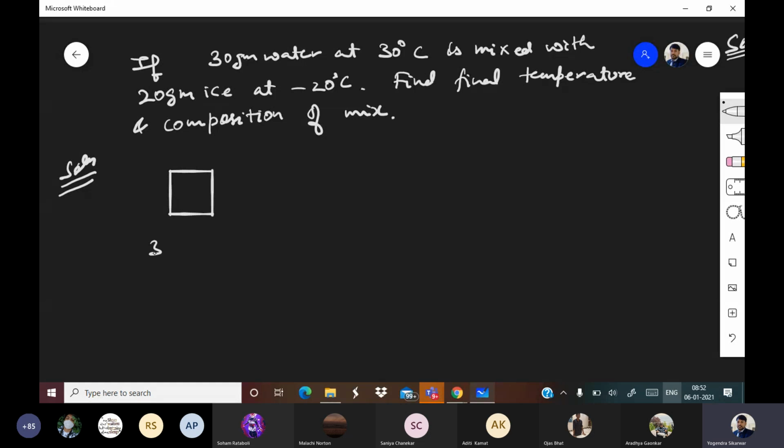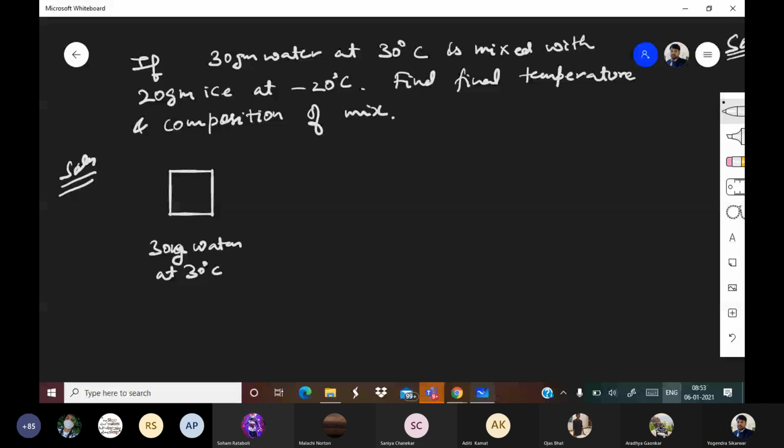We have 30 gram water at 30 degrees Celsius. Now, if you pay attention between this 30 gram water at 30 degrees Celsius and 20 gram ice at minus 20, the temperature at which state change can occur is 0 degrees Celsius.